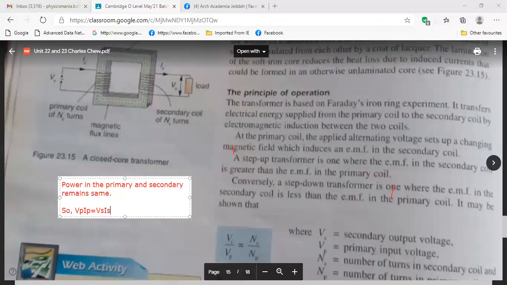So power in the primary and secondary remains same. So VP IP equals VS IS, right? This one we can write.